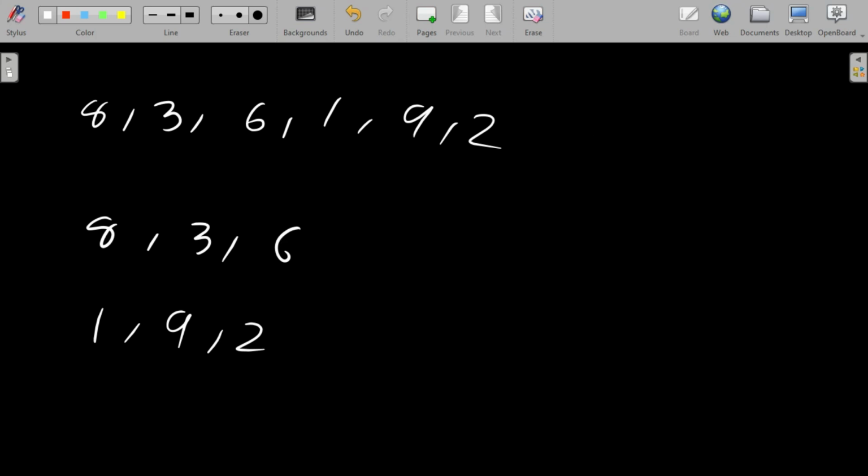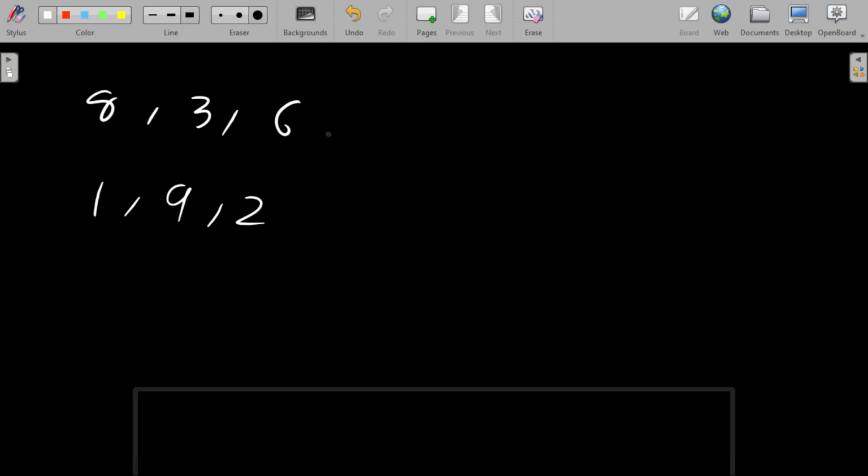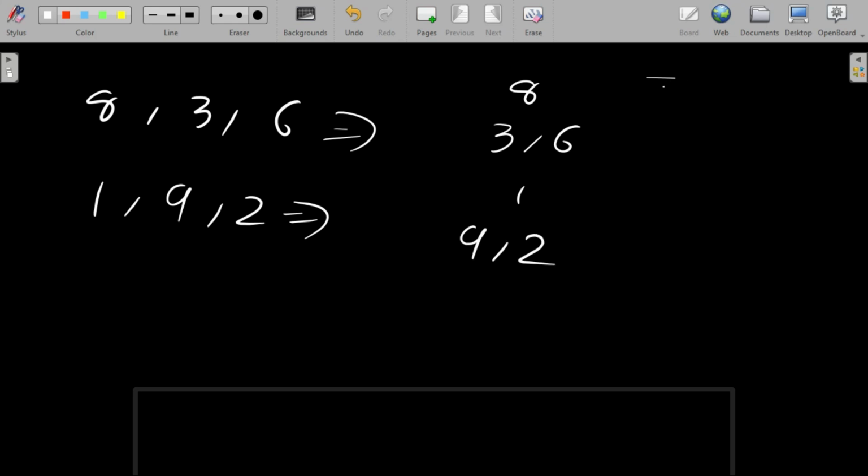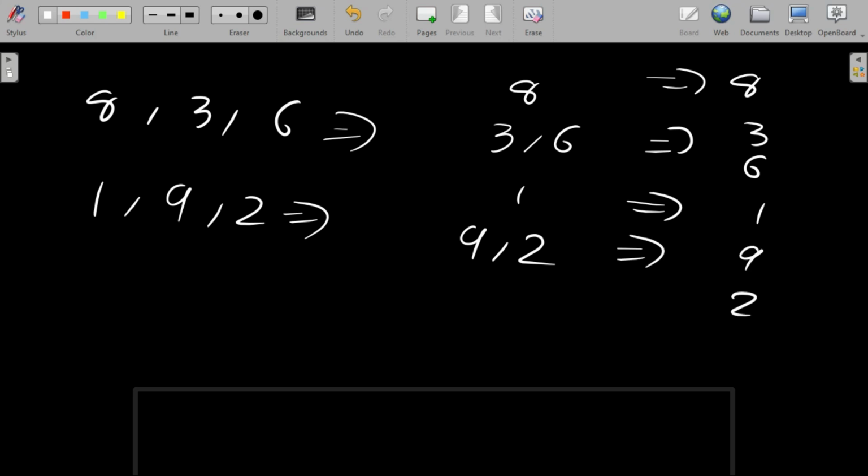We split again: the first subarray splits into 8 and 3, 6, and the second splits into 1 and 9, 2. Single elements don't need to be split again. We split 3, 6 and 9, 2. Finally every group has only one element.